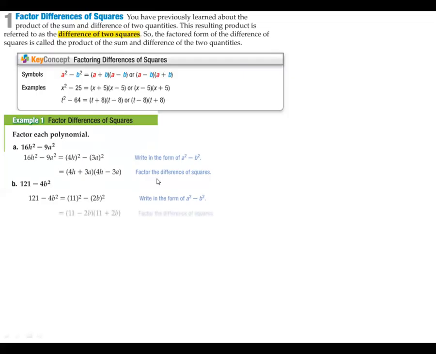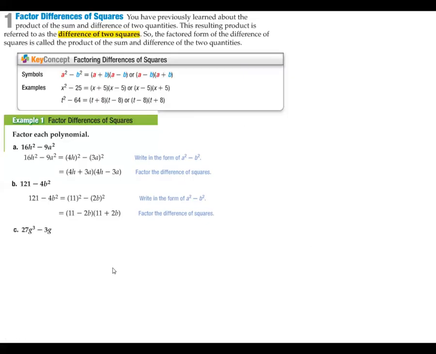So it factors into 11 minus 2b times the quantity 11 plus 2b. Okay, see, this time we wrote it with the minus first and then the plus. Again, if you wrote it as 11 plus 2b times 11 minus 2b, that'd be fine. Just don't write it as 11 minus b times 11 minus b, or 11 plus 2b times 11 plus 2b. No, one has to be plus, one has to be minus.